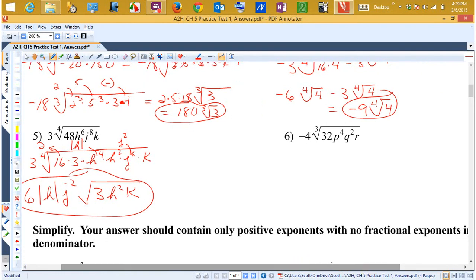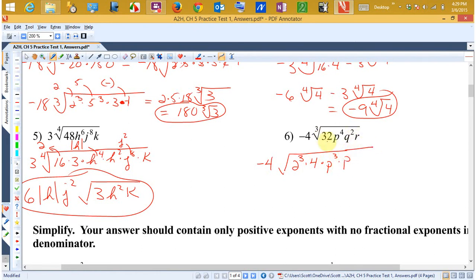Okay, the next one. Now it's a cube root, so I don't have to worry about any absolute values. So I have a negative 4. 32, that's 8 times 4, and 8 is a perfect cube of 2, so that would be 2 cubed times 4. I've got p to the 4th, so that's p cubed times p.